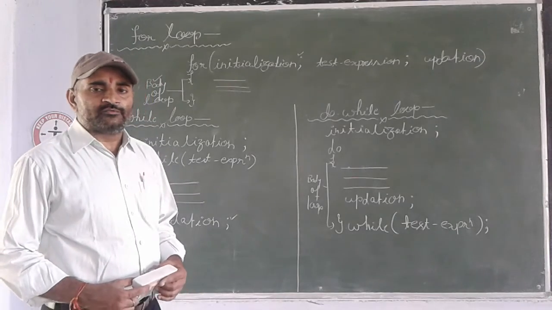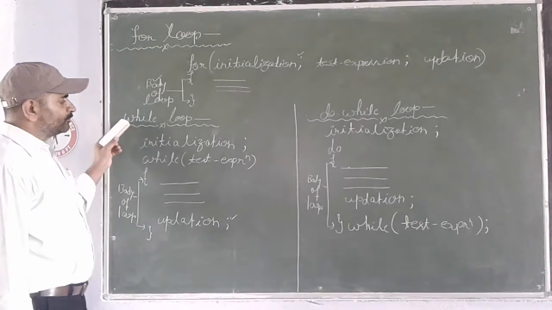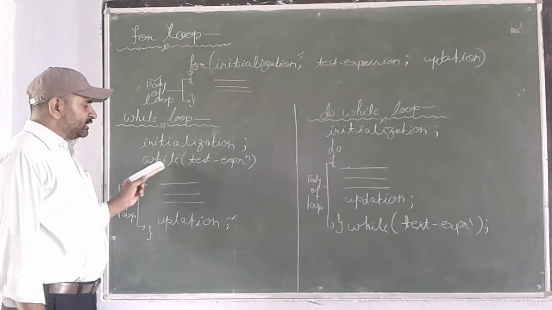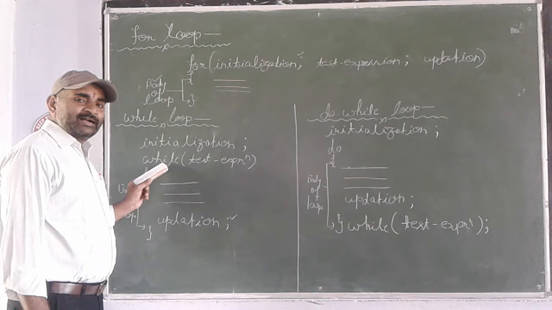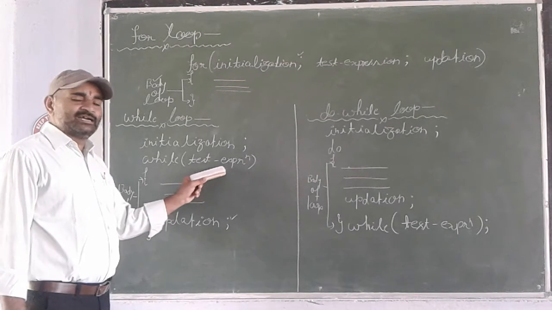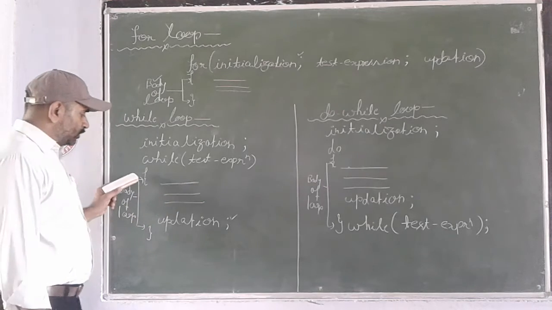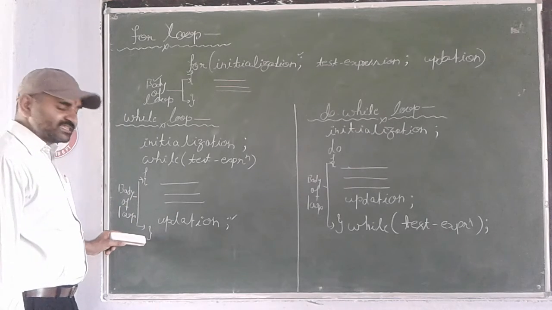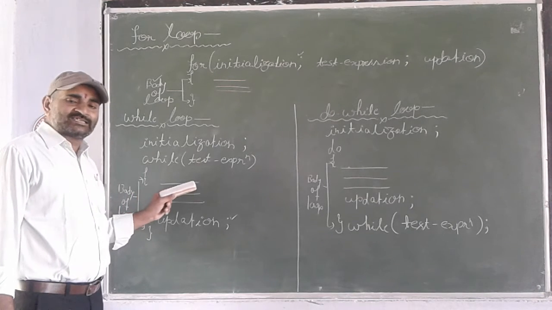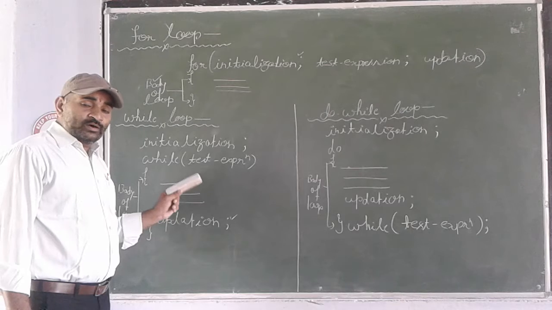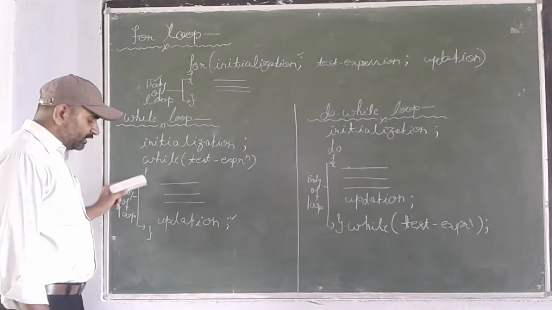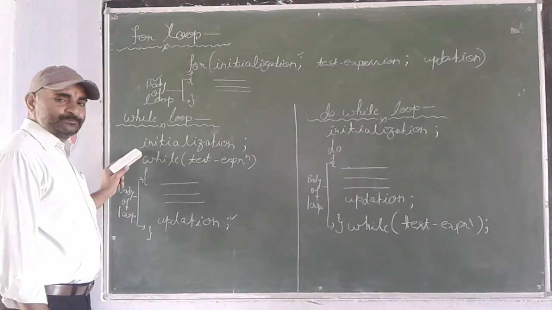Now we move to the while loop. In the while loop, first initialization is defined, then while is again one of the keywords. In parentheses, we specify the test expression, then the opening curly brace and the closing curly brace, in which we write whatever statements we want. The component called updation is also defined in the body of the loop in the while loop.